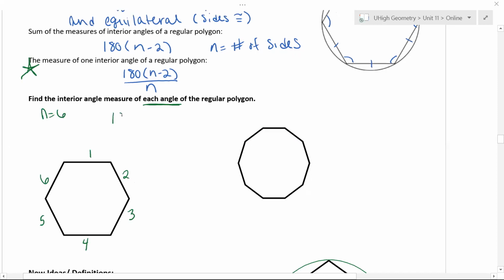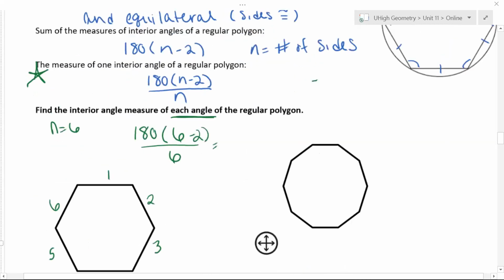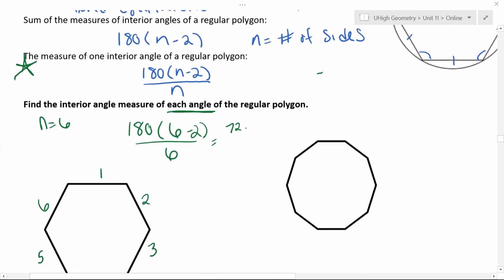I plug in 180 times 6 minus 2, divided by 6. That gives 720 divided by 6, so each angle is 120 degrees. That means each angle inside here I would label as 120 degrees.